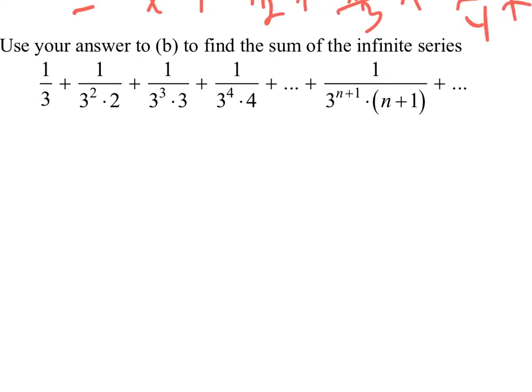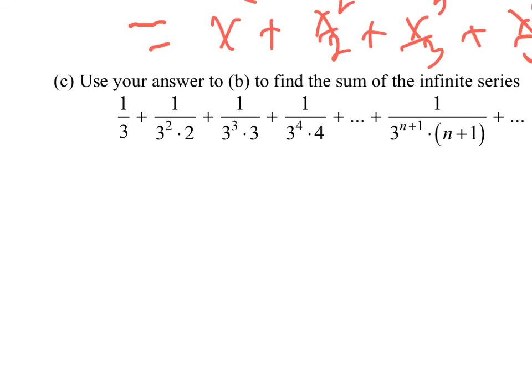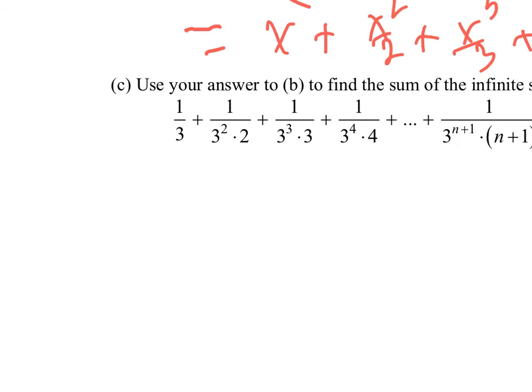One more here, real quick. I don't know if I can do this one or not. Use your answer and probably find the sum of this infinite series. I could only find the sum of this infinite series if it is something I can identify.